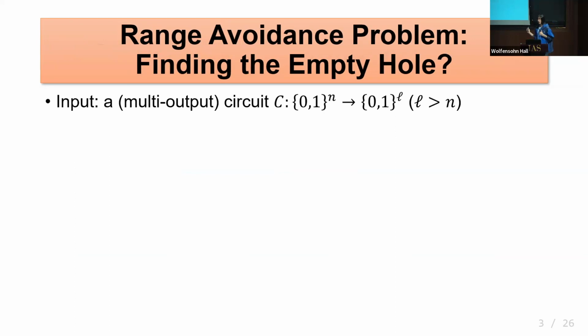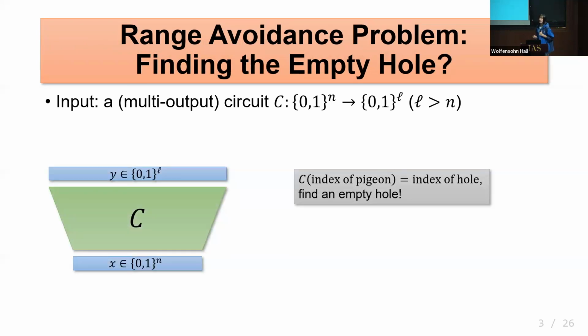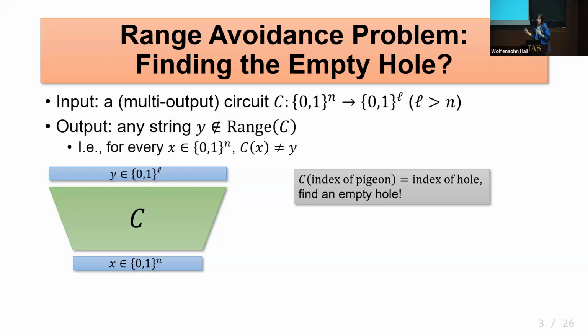In the range avoidance problem, the input is a multi-output circuit C mapping n bits to L bits, where L is greater than n. So it's like a circuit mapping pigeons into holes, and your goal is just to find an empty hole, that is a string Y that is not mapped to by any input X. We will call such a string Y a non-output of C.